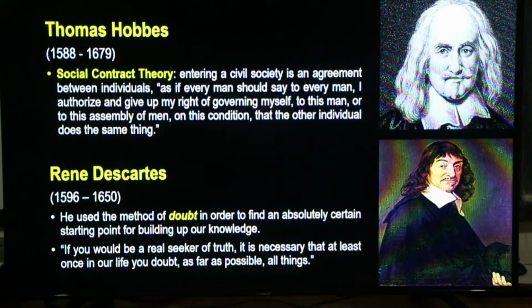As if every man should say to every man, I authorize and give up my right of governing myself to this man or to this assembly of men on this condition that the other individual does the same thing.